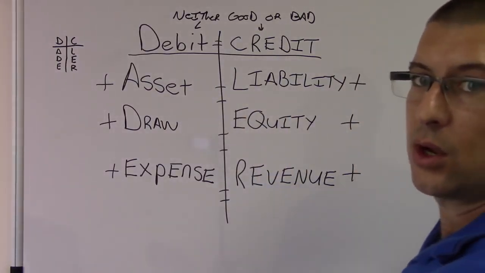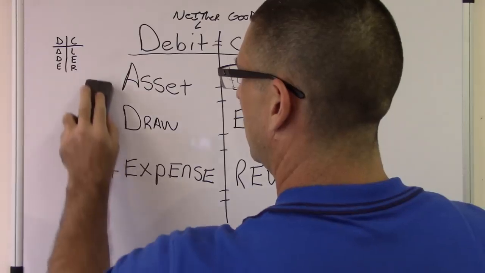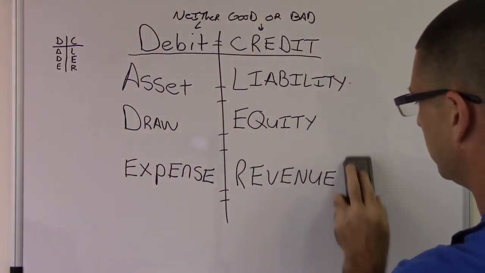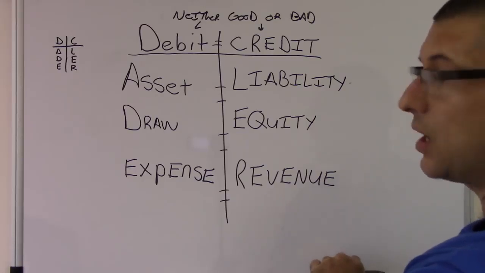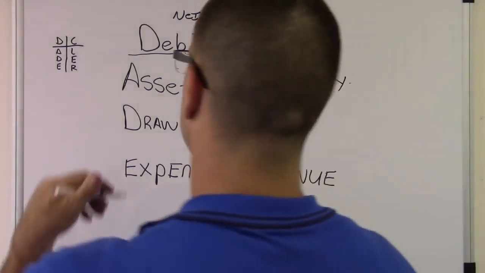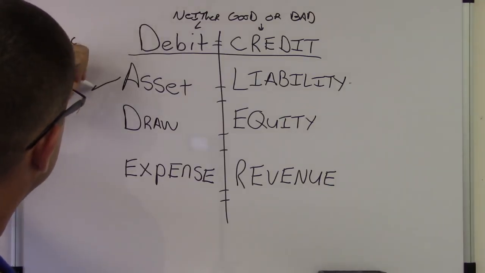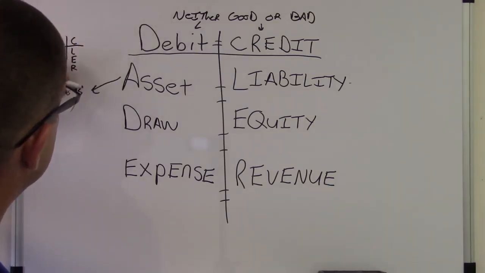Now you might ask, what are these? And I'll just try to keep it simple and brief for now. The most common asset is cash.